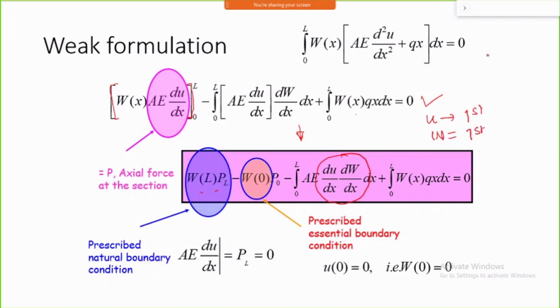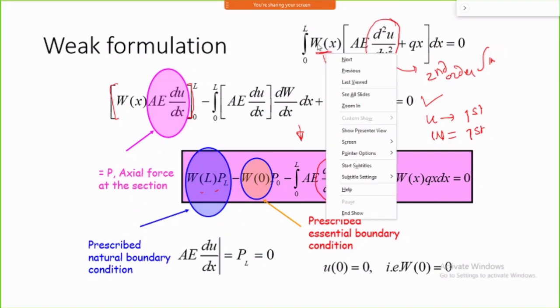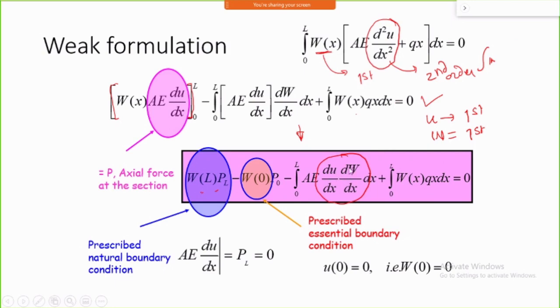But if you look at W in this equation, the requirement is first order, while here the requirement is second order. So in a way we have reduced the requirement on u by one order, and we have increased the requirement on w by one. That is what we have done.